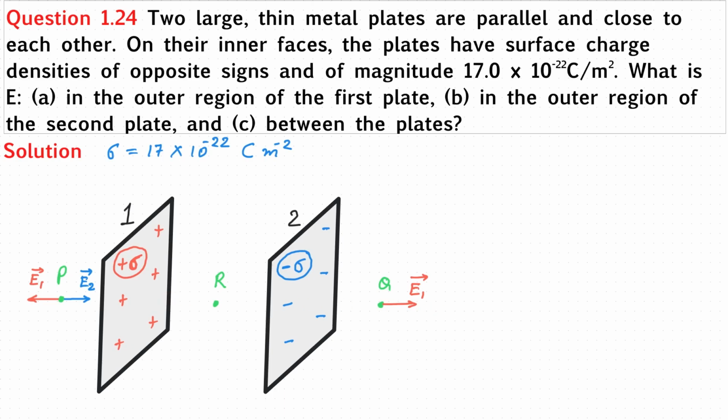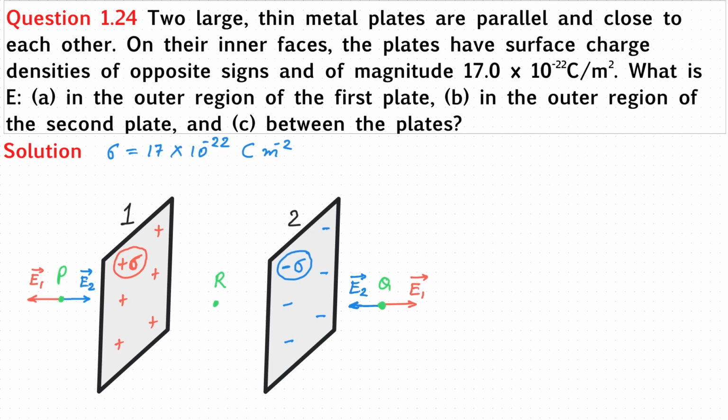Due to the second plate at point Q, the electric field will be towards the plate. This plate is negatively charged, and that's why the electric field E2 will be towards the plate, radially inside. That way, here also, at point Q, both the electric fields are opposite in direction.